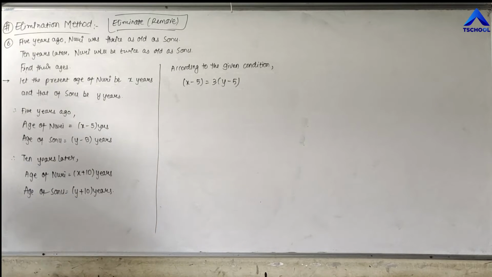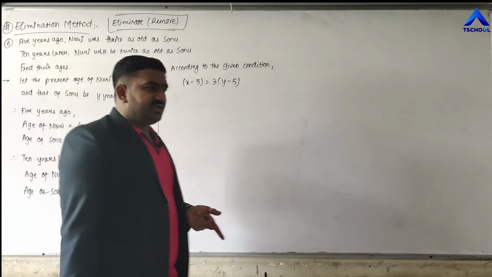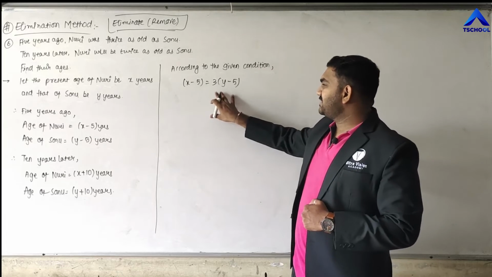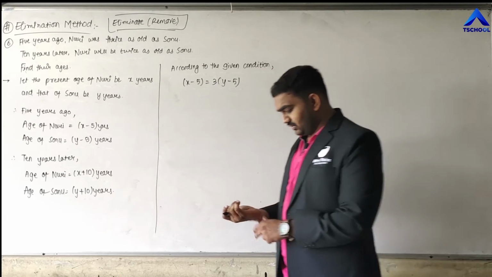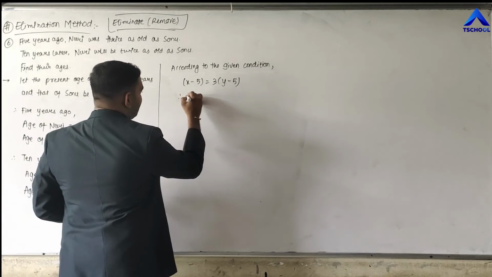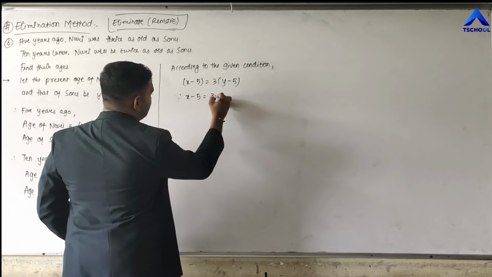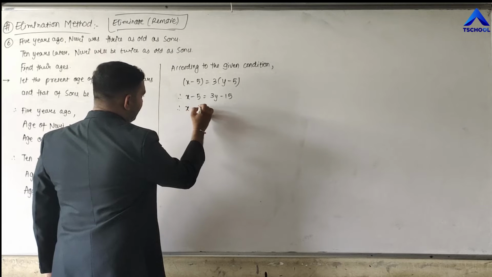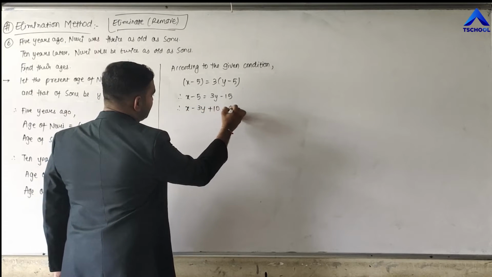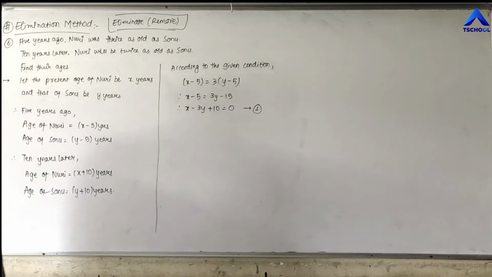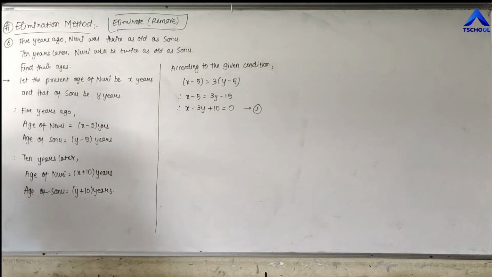So age of Nuri is x minus 5 years, and age of Sonu is y minus 5 years. So age of Nuri is thrice, that means 3 times the age of Sonu, that means x minus 5 equals 3 into y minus 5. That will give me x minus 5 is equal to 3y minus 15. Taking this both on the other side, that will give me x minus 3y plus 10 is equal to 0. That is my first equation. Is it clear, everyone?